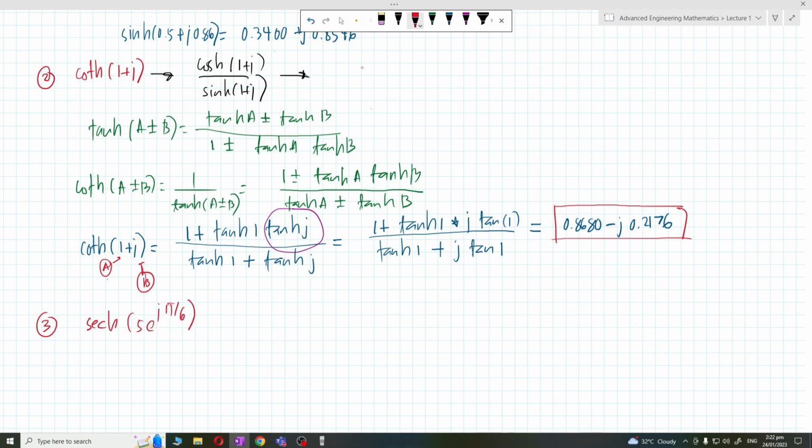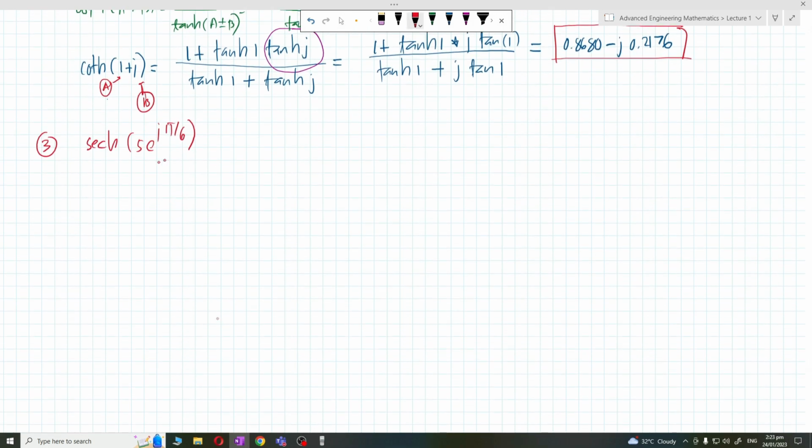Again, pag may nakita kang ganito guys, first thing to do is to convert this into rectangular form. Okay? Ang pinaka basic ng mga trigonometric and hyperbolic ng complex number is that a complex number must be in its rectangular form. Then expand, use the conversion.